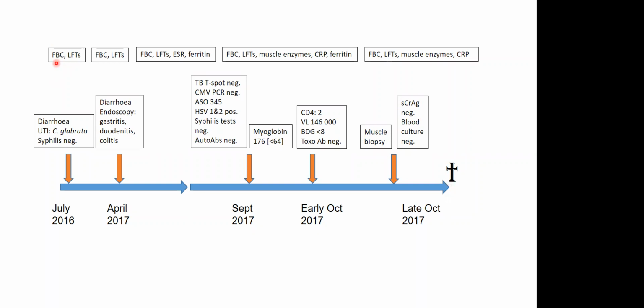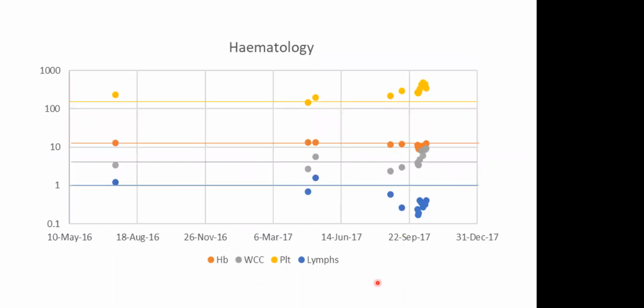And over this period, a number of non-specific laboratory investigations were done: FBCs, LFTs, some activity tests, and also some muscle enzymes. Not to waste too much time on this, just to summarize all these investigations, this is the timeline of hematology. So HB was sort of at the lower limit of the normal range.